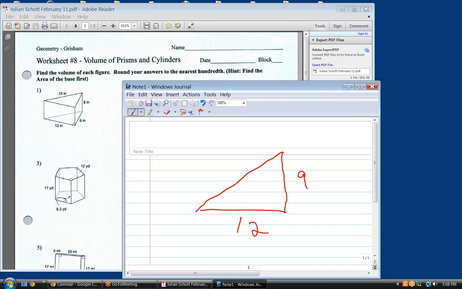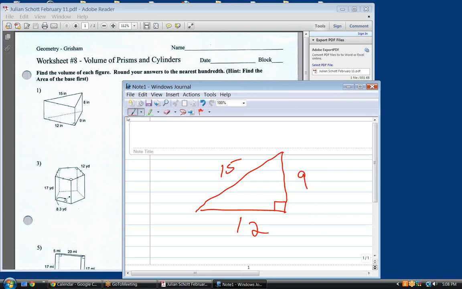They've labeled it funny to make it look like it maybe isn't a prism, because they tell you on the top face that this is 15. Well, that is a 3, 4, 5 triangle. Notice, it's a multiple of a 3, 4, 5 triangle. When I say 3, 4, 5 triangle, you know what I mean. In other words, it's either a 3, 4, 5 or a multiple of a 3, 4, 5.